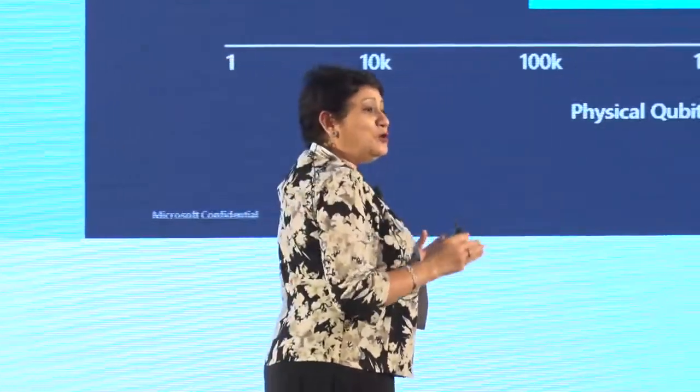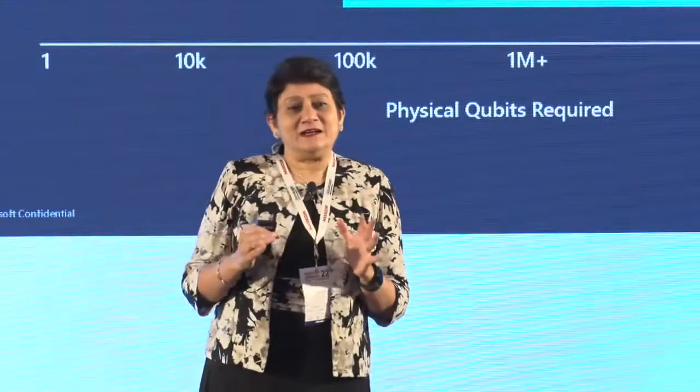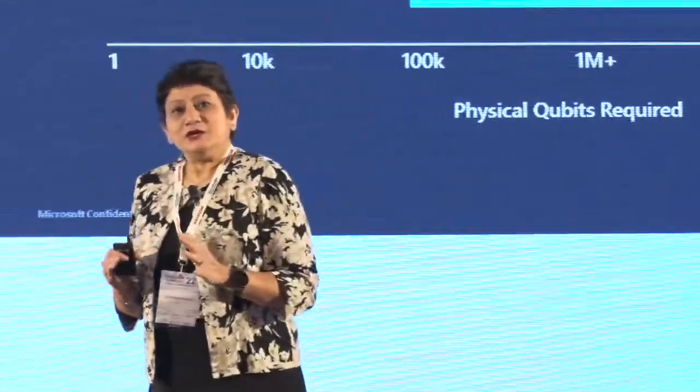You look at any press, we are talking of the order of few hundred qubits, couple of thousand qubits, right? So even for good scientific understanding, you need 100,000 qubits. Now, to actually have anything practical that is getting solved using quantum computing, you will need at least 1 million qubits.